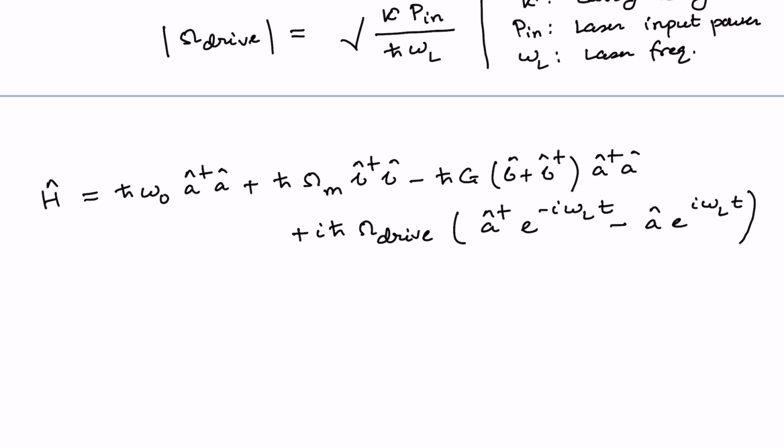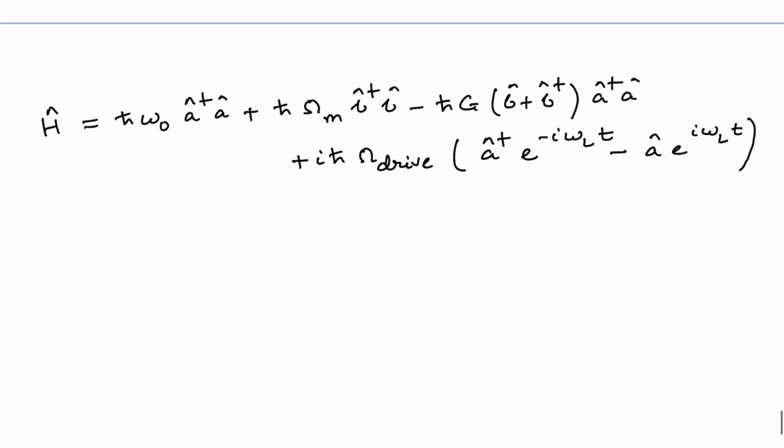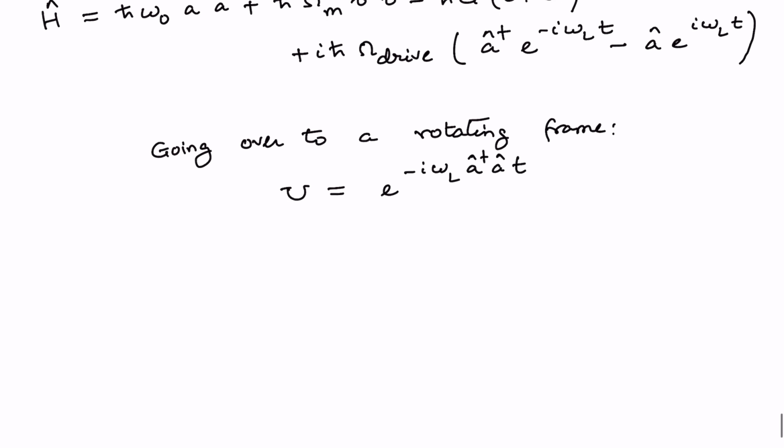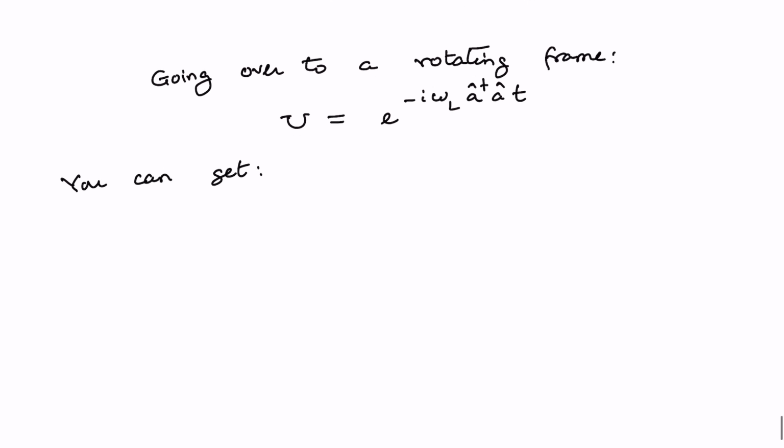Now you can easily get rid of this explicit time dependence by going over to a rotating frame of reference, and we have done that earlier when we discussed two-level atomic systems. So going over to a rotating frame, I take this unitary transformation, say U is equal to e to the power minus iω_L a†a t, then you can easily show that you get this Hamiltonian.